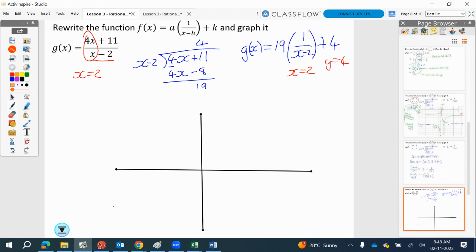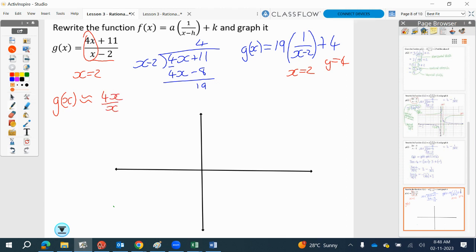So, what happens with the horizontal asymptote? That is the value that y approaches as x approaches infinity. It's the end behavior. So if we consider the end behavior in this direction, what's happening as we approach infinity? As we approach infinity, g of x is going to basically become 4x over x.